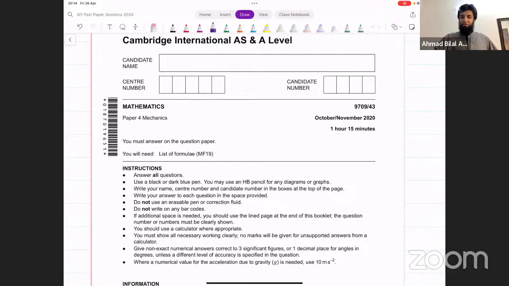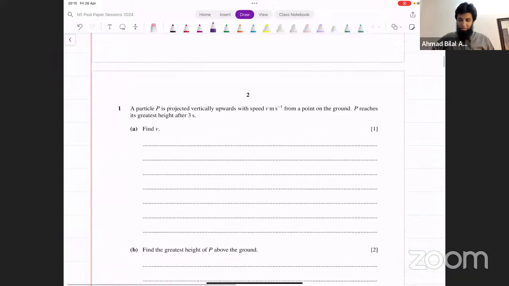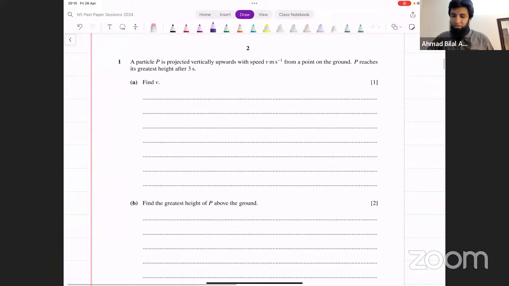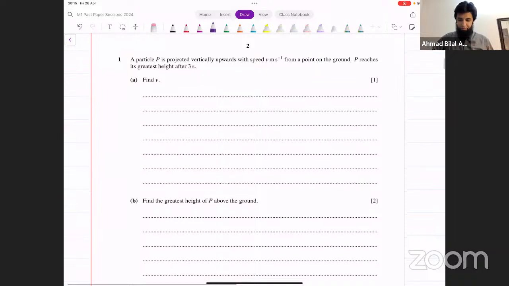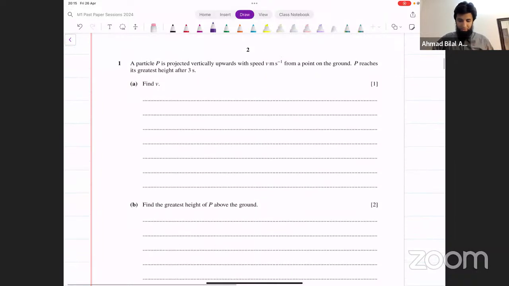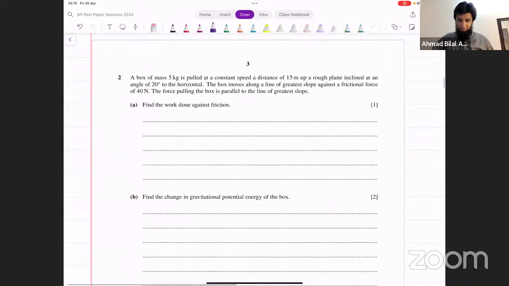Okay, let's start with this one. November 2020. Let me just skim through some of these questions as well, because I don't see many votes in that poll yet. Just have a look at these questions while I scroll.